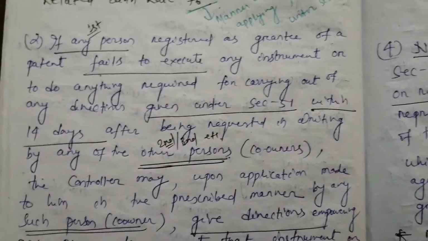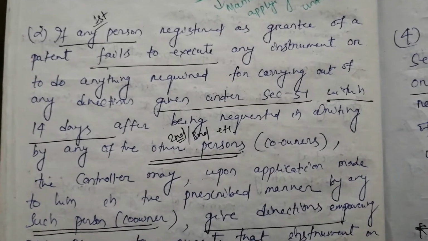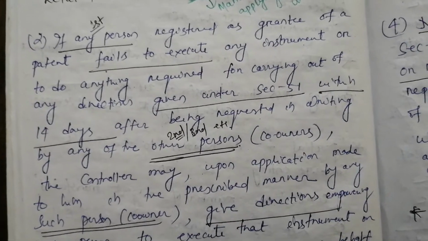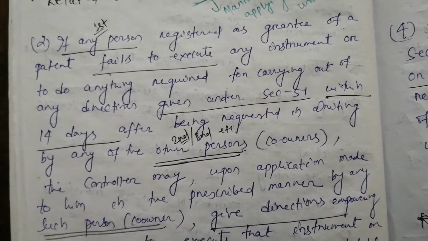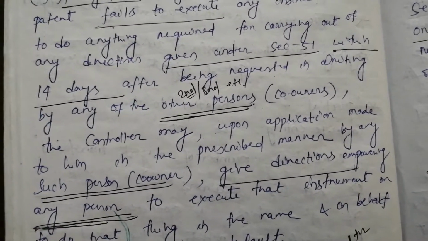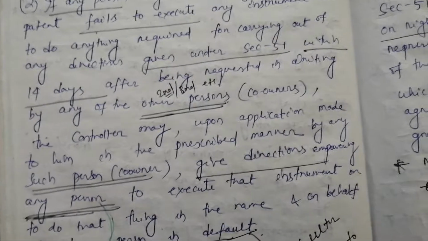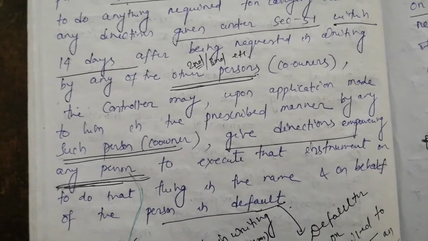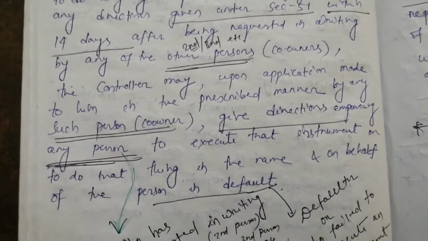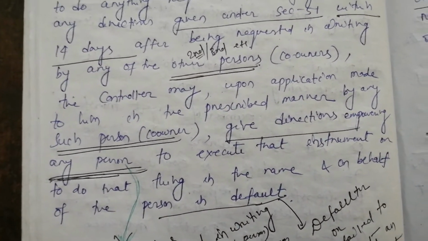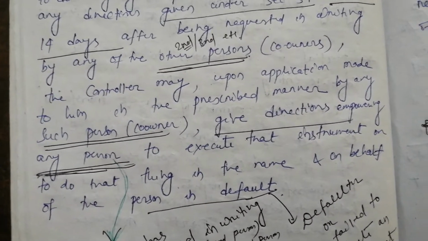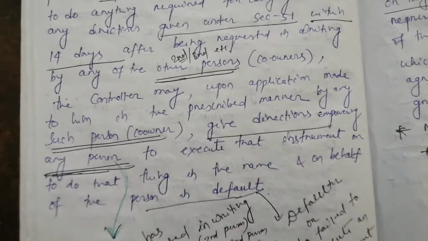If any person registered as grantee of a patent fails to execute any instrument or to do anything required for carrying out any directions given under Section 51 within 14 days after being requested in writing by any of the other persons or co-owners, the controller may, upon application made to him in the prescribed manner by any such person or co-owner, give directions empowering any person to execute that instrument or to do that thing in the name and on behalf of the person in default.